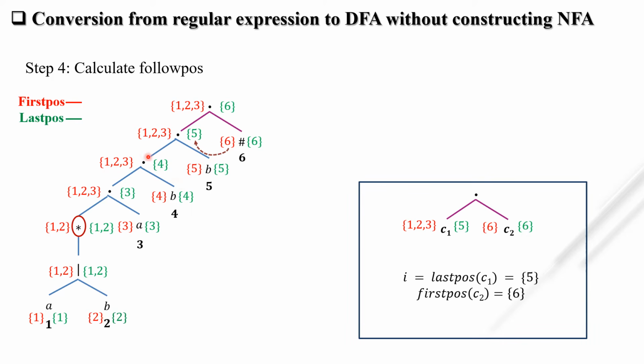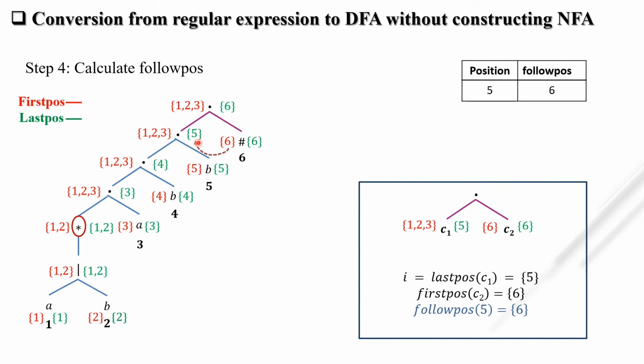For this concatenation symbol, what do we do? 4 is put in the 3rd position. For example, 6 is put in which position? At the 5th position. So what is the follow position of 5? 6. We have to use this arrow.